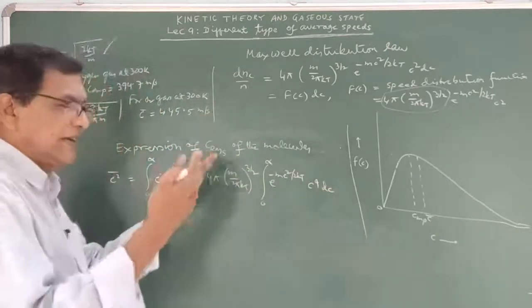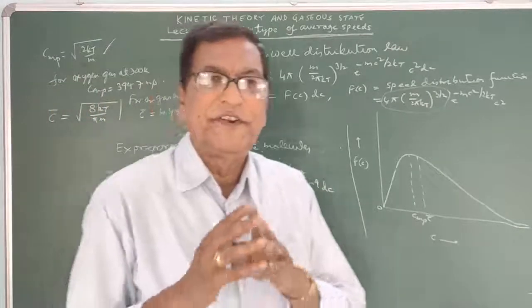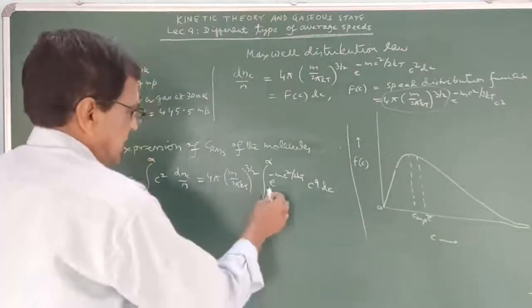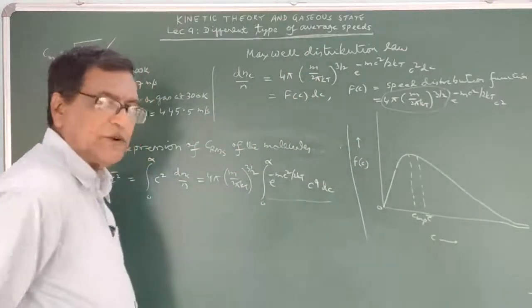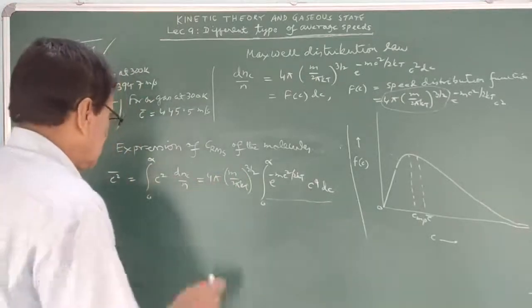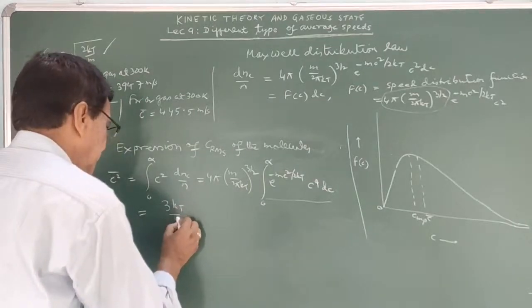We have already calculated this value earlier while we derived this Maxwell distribution law, and you can again find the integration very easily by the use of the gamma function. So this will give you 3kT by m.